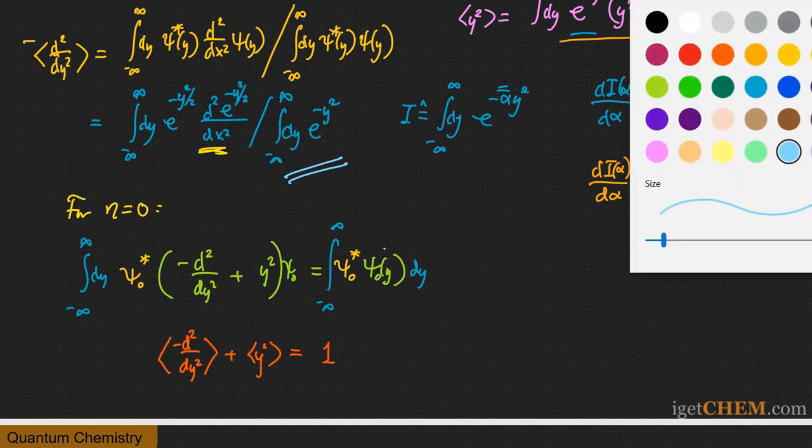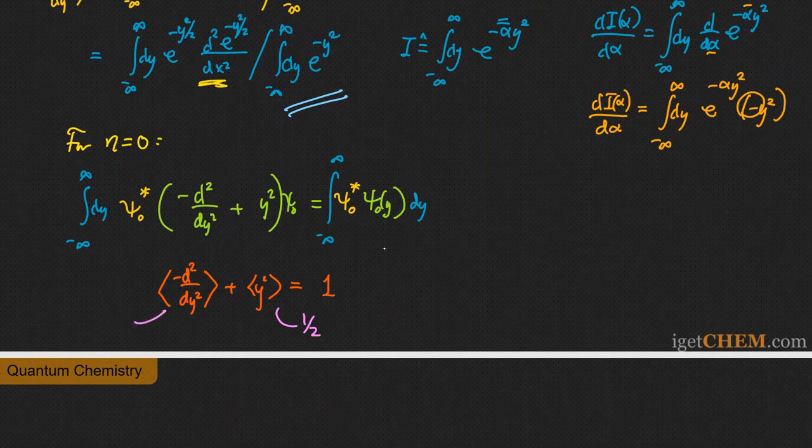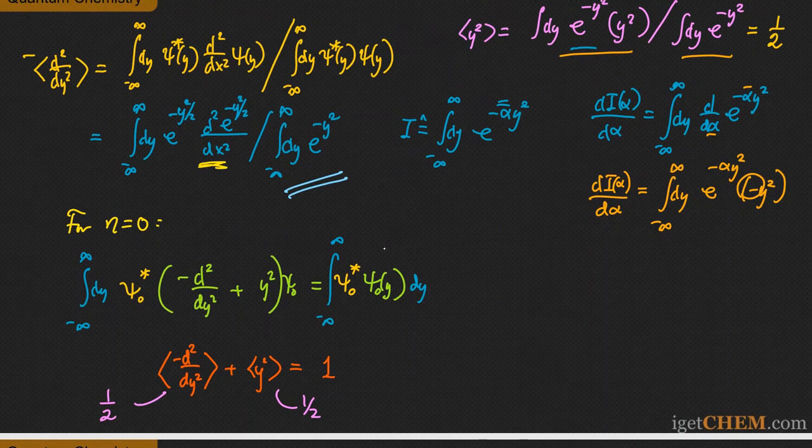Since I know the expectation value for y squared, this one, is just 1/2, then there is no doubt that the expectation value of this is 1/2. So we didn't really have to do this integral. The result is fairly obvious from the Schrodinger equation because we know the dimensionless eigenenergy.